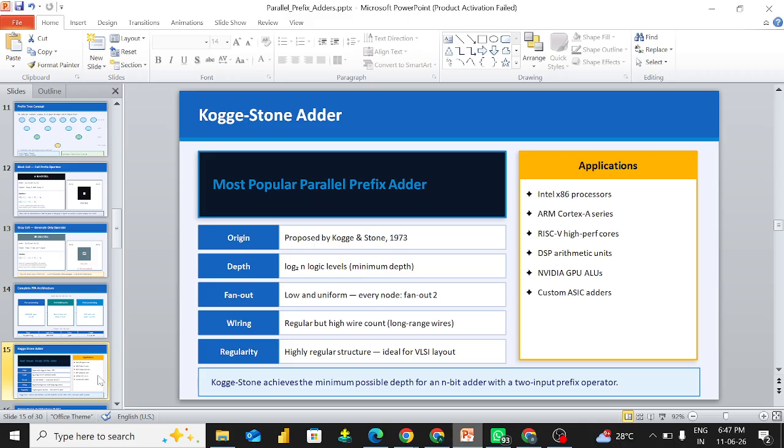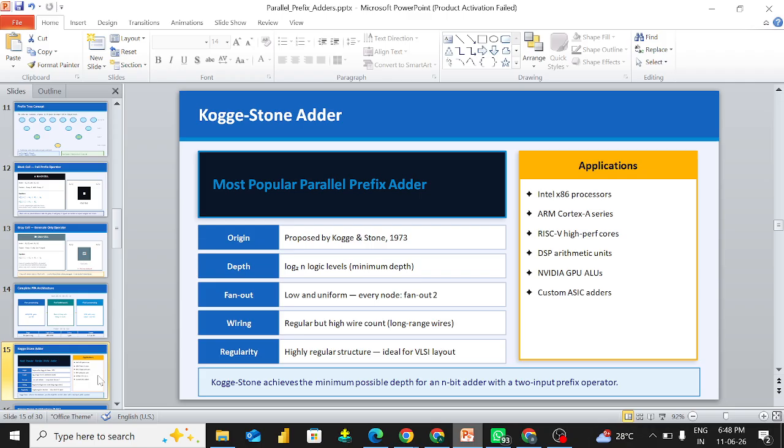For normal operation, we use a ripple carry adder, but if you want the highest speed, then instead of a ripple carry adder, we replace it with this adder, right? So why? Because the use of the Kogge-Stone adder is speed.